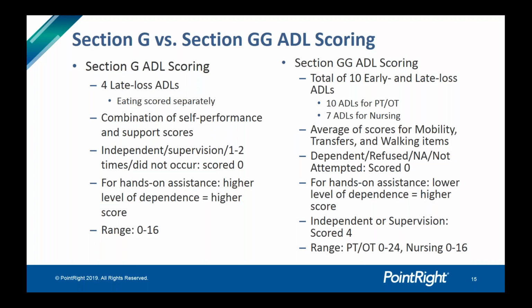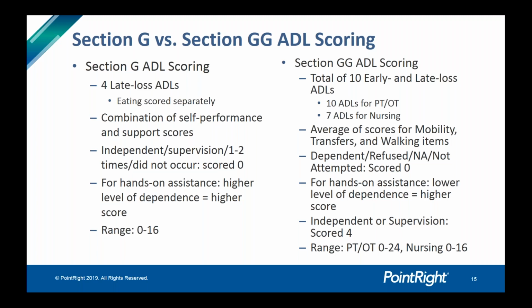Eating is scored separately from bed mobility, transfer, and toilet use. The scoring is you have to do some funky math to combine the self-performance and the support scores. Independent, supervision, or occurred only once or twice, or activity did not occur. Those are all scored 0.